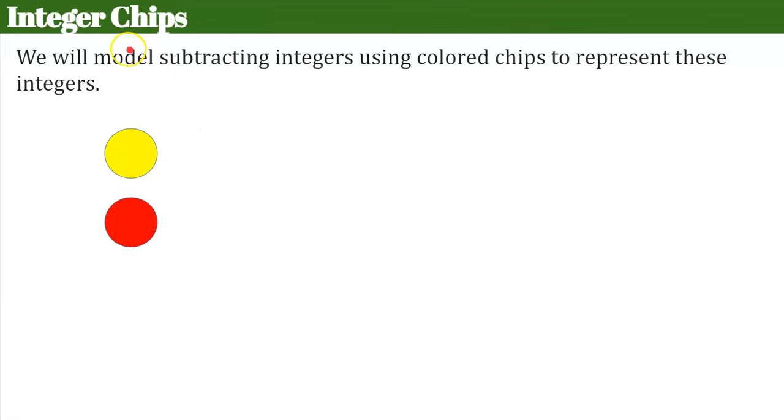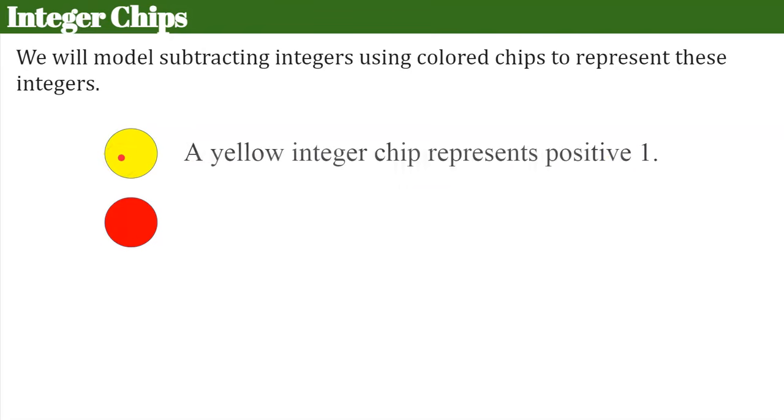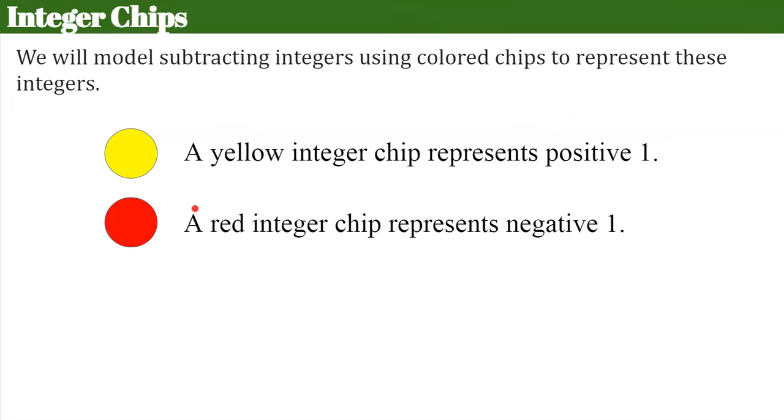Just as a reminder, we're going to use integer chips. I'm going to model how to subtract using these, so we need to understand what they are. A yellow integer chip is representative of a positive 1. So when you see this, this represents the number 1. The red represents a negative 1.